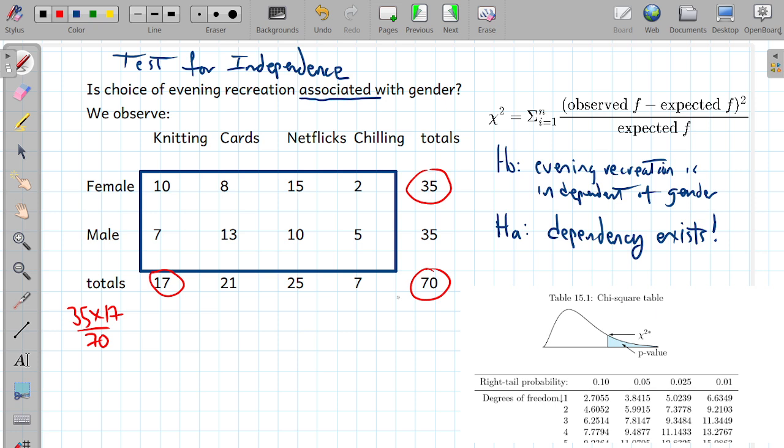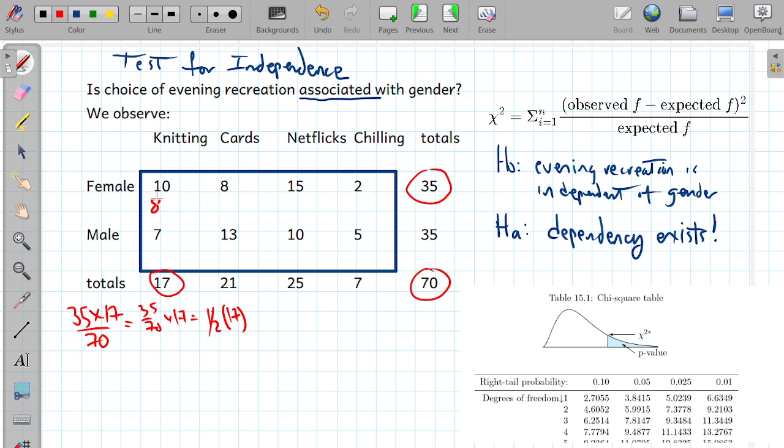Now this works out, I've made these numbers to work nice. Remember that order of multiplication doesn't matter. So if I go 35 over 70 and then times 17, that's just half of 17. I've set this up so that if you don't have a calculator, you can still do it. So what is half of 17? Well, it's 8.5.